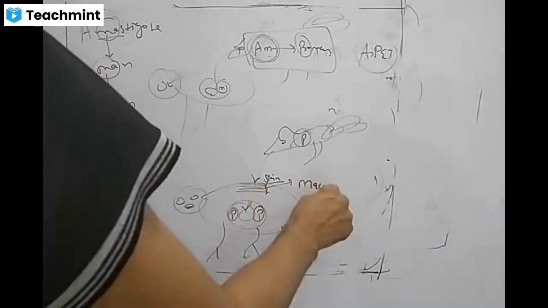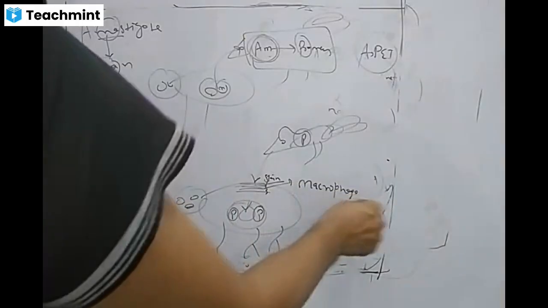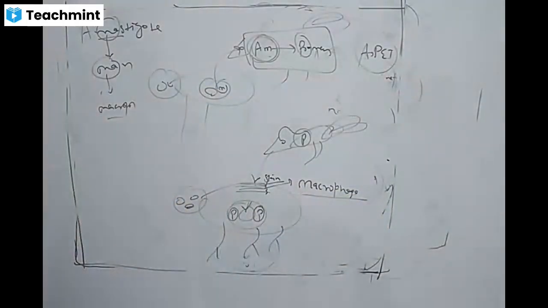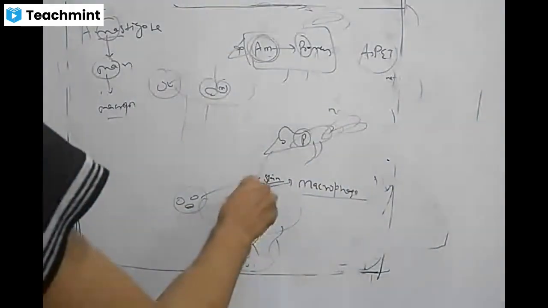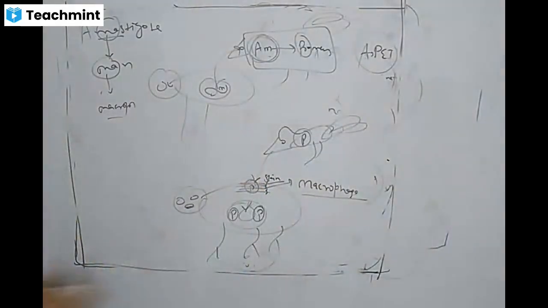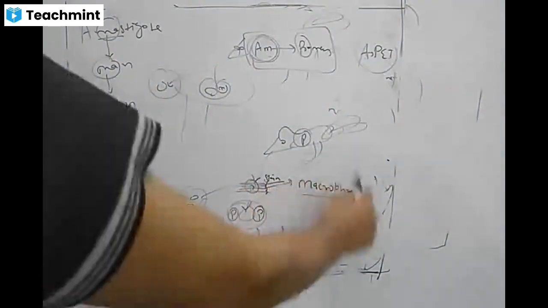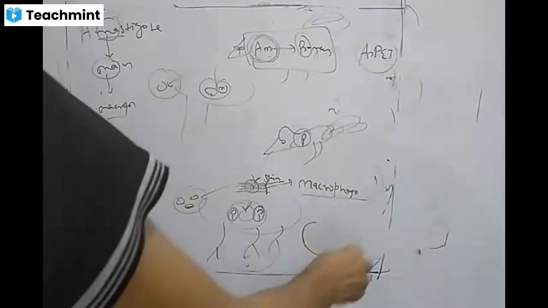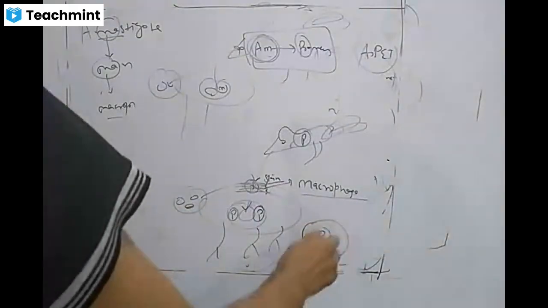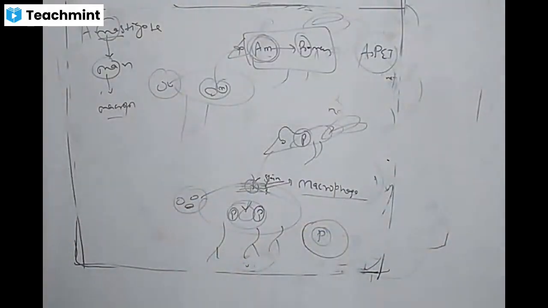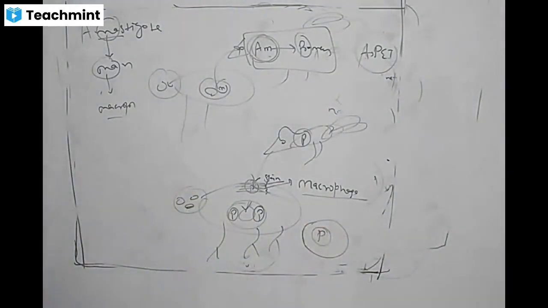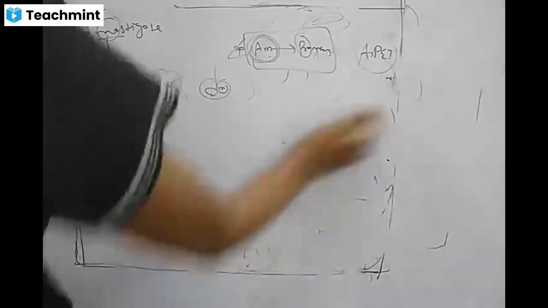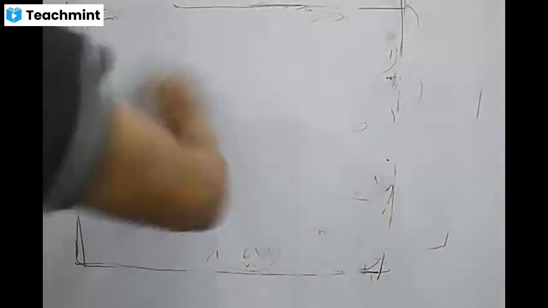Those are your macrophages. When any antigen comes, macrophages engulf it. So this bite leaves promastigote, and at the site of inoculation macrophages are there. They will take up this promastigote. So once the promastigote enters the macrophages, then what happens?